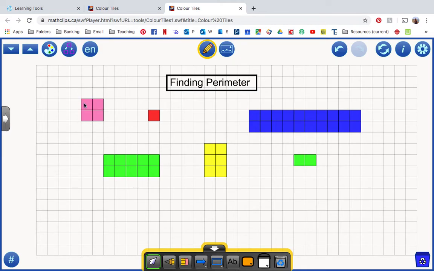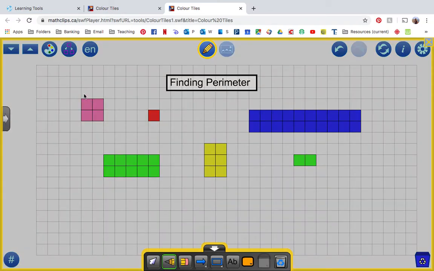So obviously looking at this shape here, we'll start with the pink shape over here. We could draw a line through each side like so, and we would know that there are 2, 4, 6, 8 sides. So the distance around an object is the perimeter. So we would know that this shape's perimeter is 8 square units.